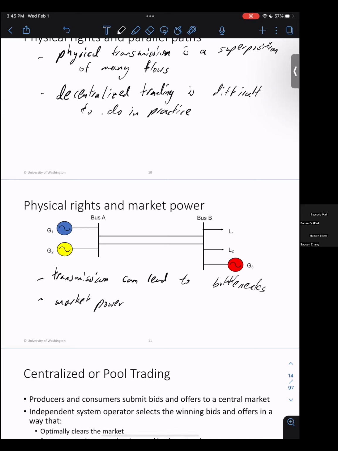Market power, basically, is you doing something that decreases the social welfare, right? Everybody is not getting the lowest price. You're basically charging people high prices. And we don't quite know how to avoid this, actually.